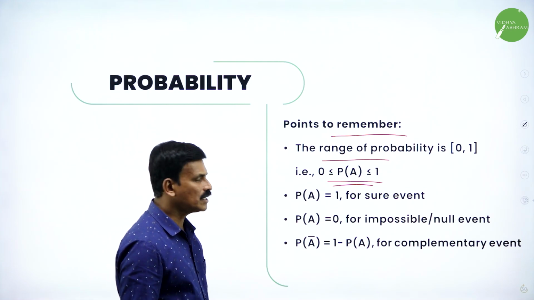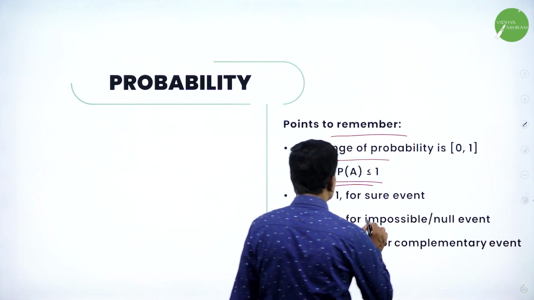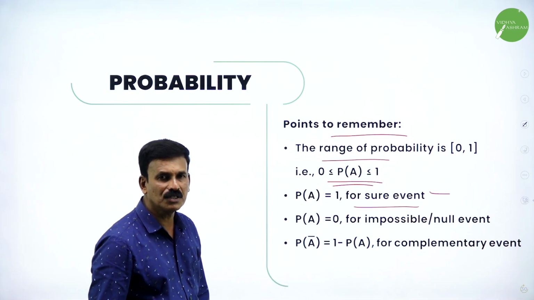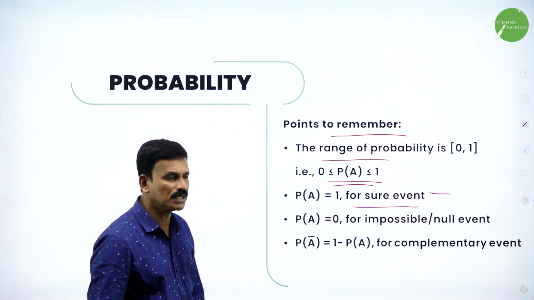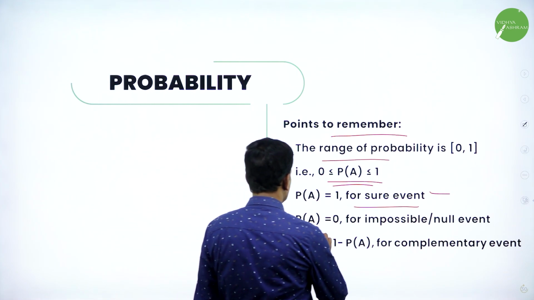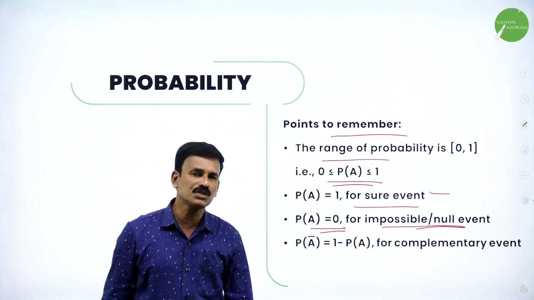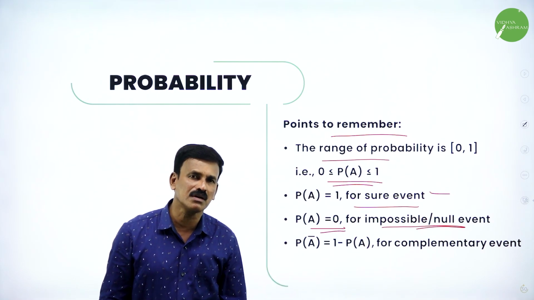Probability of A equal to 1 means a sure event. If the event is sure, then P of A is equal to 1 or 100%. If P of A is equal to 0, it is an impossible or null event.